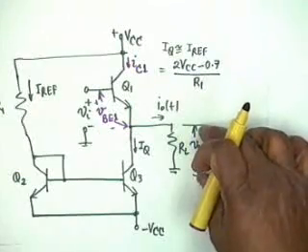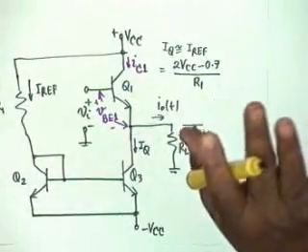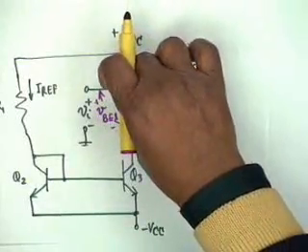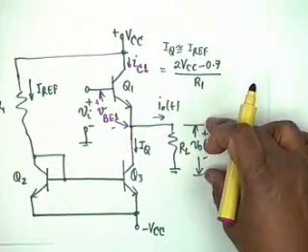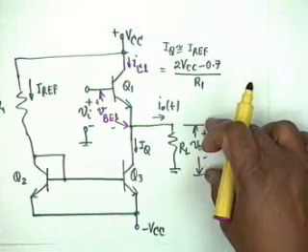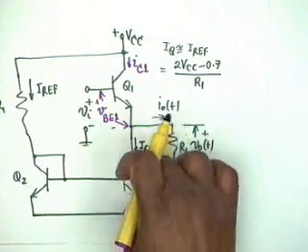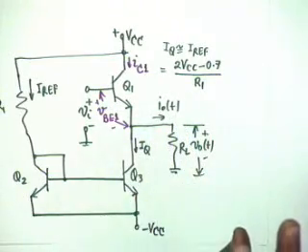This voltage, the maximum that can happen on the positive side is plus VCC minus the voltage drop here. On the other hand, on the negative side, when V0 is negative, the minimum value that can occur is minus VCC plus VCE3 set. Is the point clear? Okay.